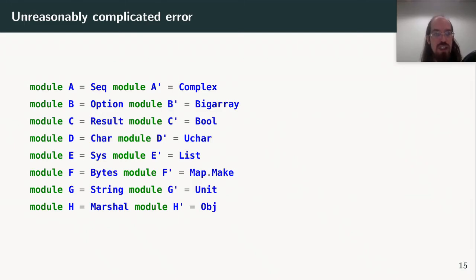For instance, let's have a look at this. Let's cherry pick 16 arguments from the OCaml standard library module.